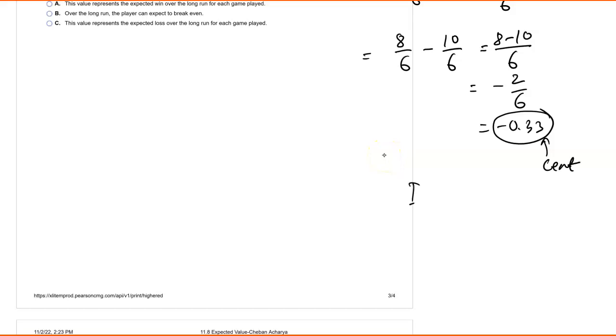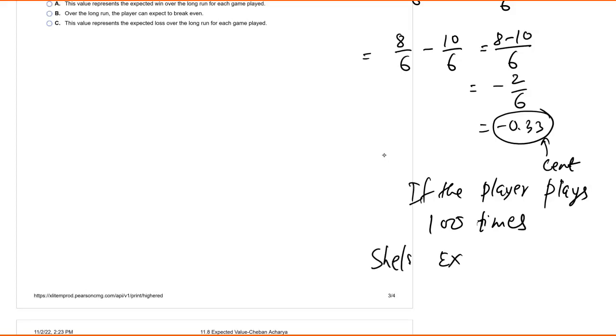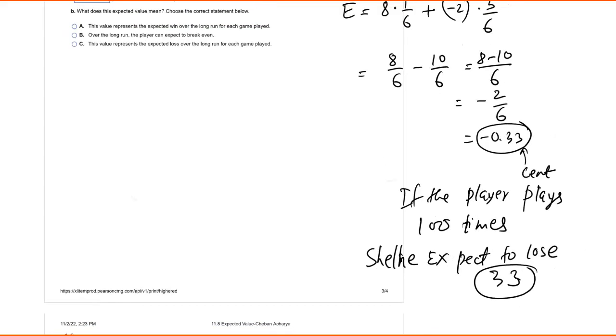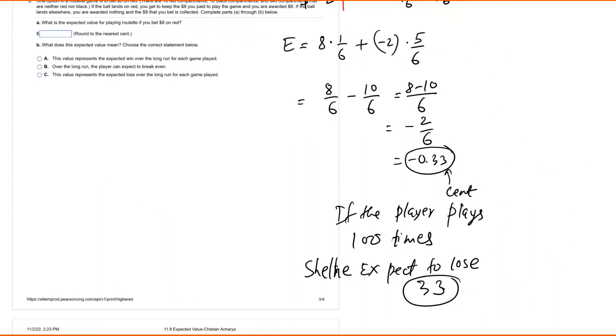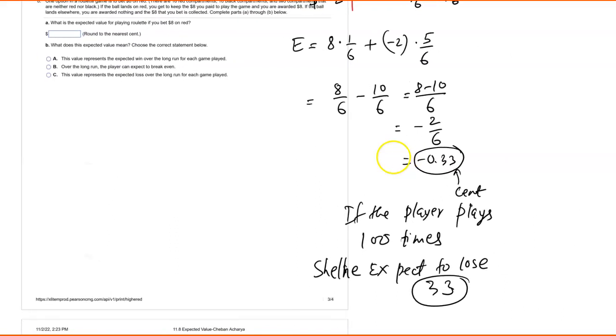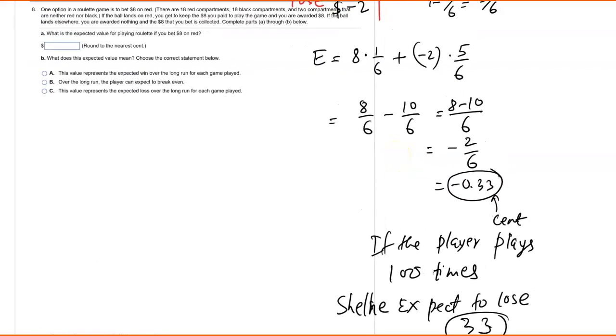In other words, if the player plays the same game 100 times, he or she expects to lose $33. Sometimes the player wins out of 100, but in general, if the player plays 100 times, the player expects to lose $33. That's what it means.